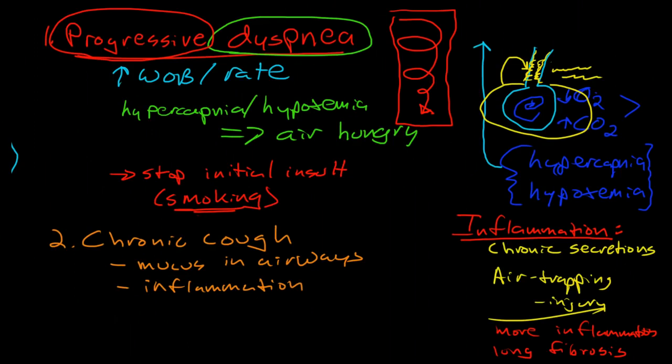Emphysema also has elements of inflammation, because it's a central component of both diseases. But emphysema also causes a chronic cough because of stretch receptors. Okay, and then the third element that completes the picture is a history of chronic tobacco use, and I talked about that above.